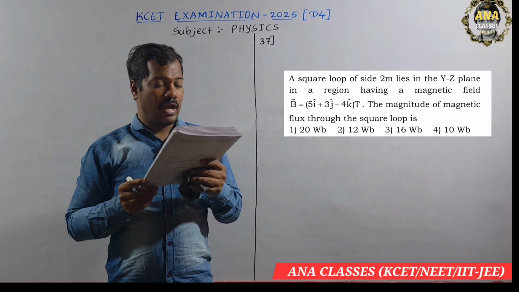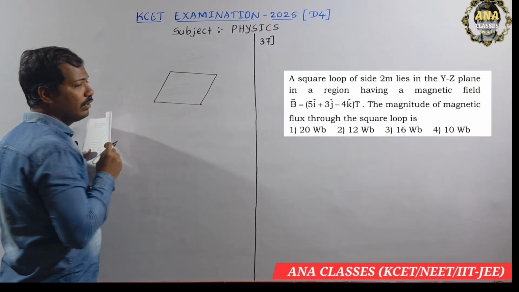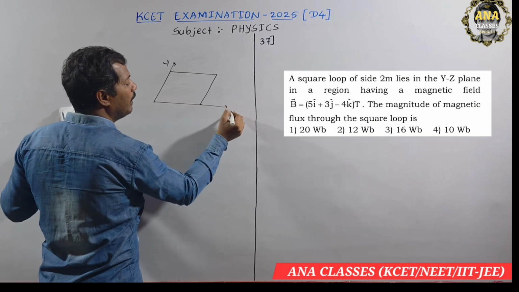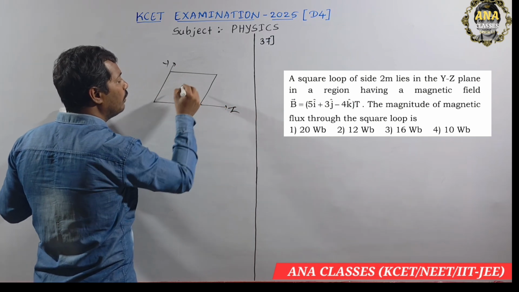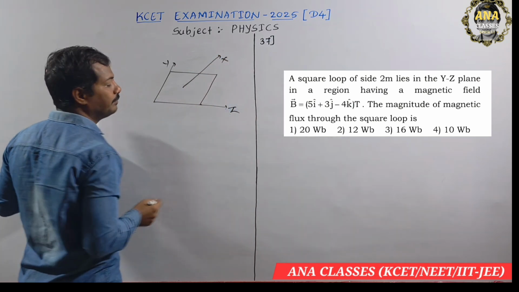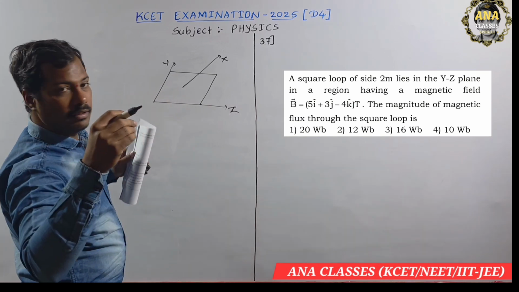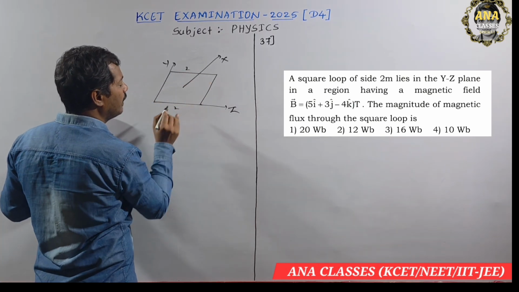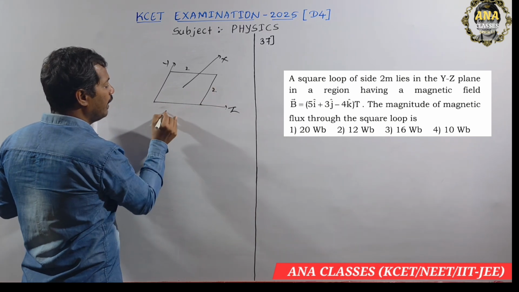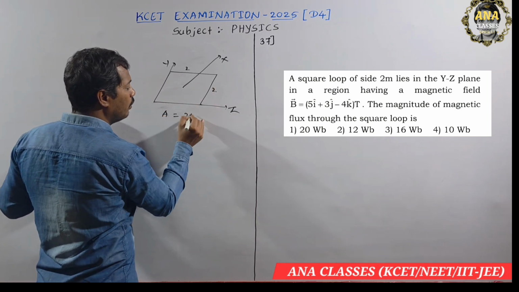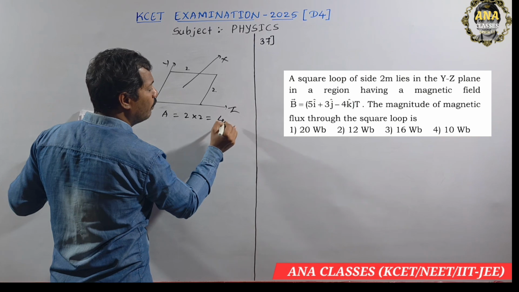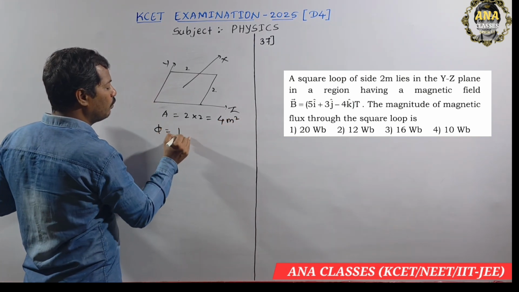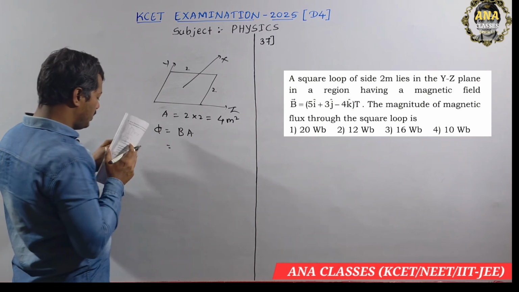Question number 37. This square loop, let us call one side x, another y, and this z. And one more is perpendicular to that. This one is x, on this side. So if this one is x, and we take this side, then area is equal to what? Length into breadth. 2 into 2 is equal to 4 meter square. So 4 meter square must be the area. Then flux is equal to what? B into A. B is given, I think.